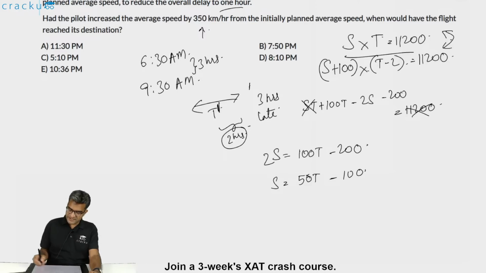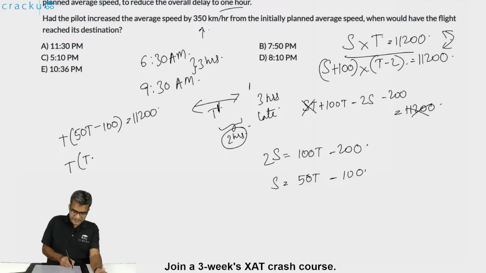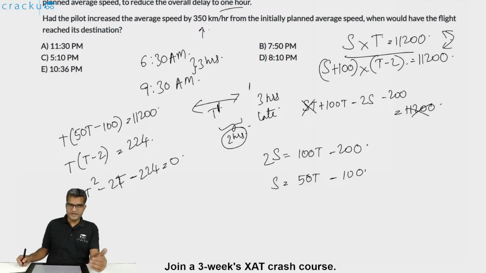We can substitute it in this particular equation. So t into 50t minus 100 is equal to 11,200. We can divide the entire equation with 50. So t into t minus 2 is equal to 224, or t square minus 2t minus 224 is equal to 0. 224 is 14 into 16.